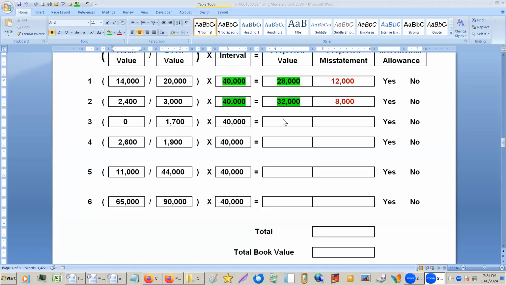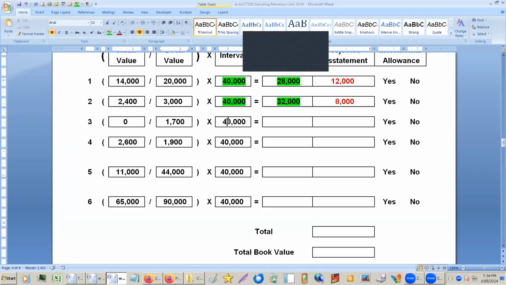You do that on all of them. You investigate as to why they are misstated. That's not anything different, but regardless, if it comes out that it's 0 and they have it on the books for 1,700, that means that the whole thing is misstated. So 0 times 40,000 means that this projected value is 0.